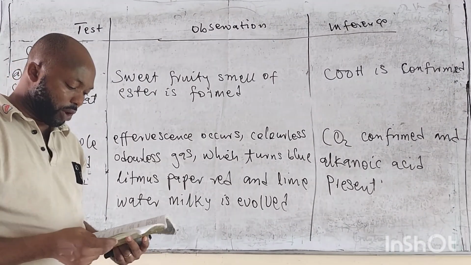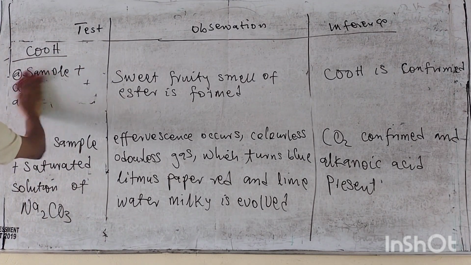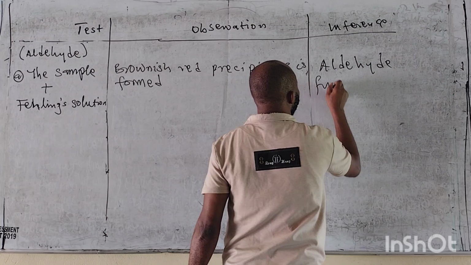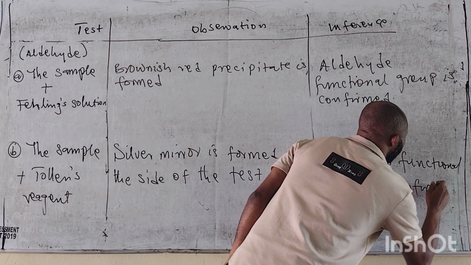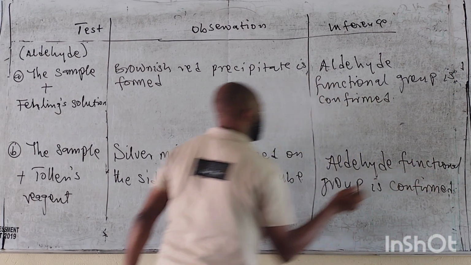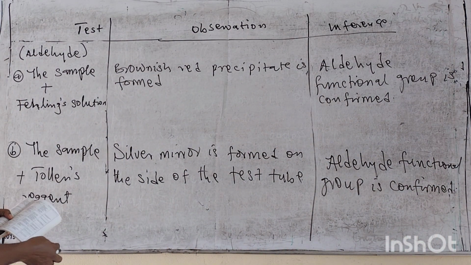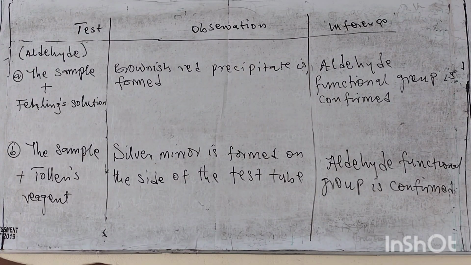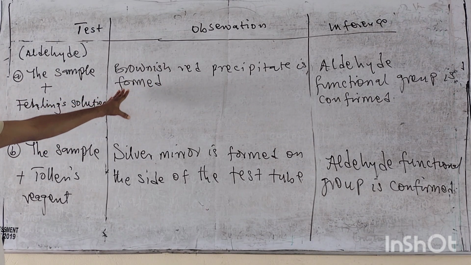Now let's test for alkanals. In the test for aldehyde, we say the sample plus Fehling's solution, a brownish red precipitate is formed.